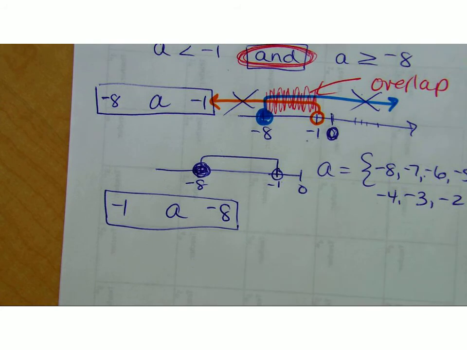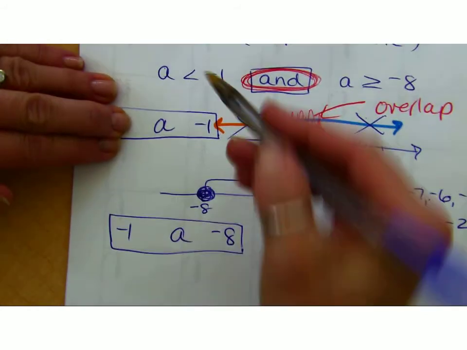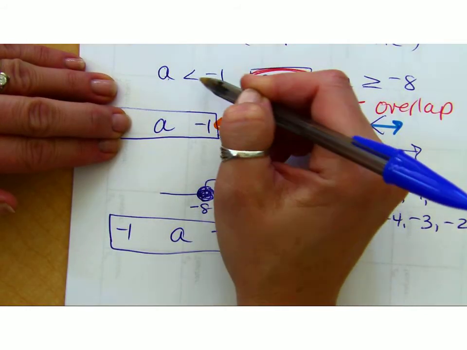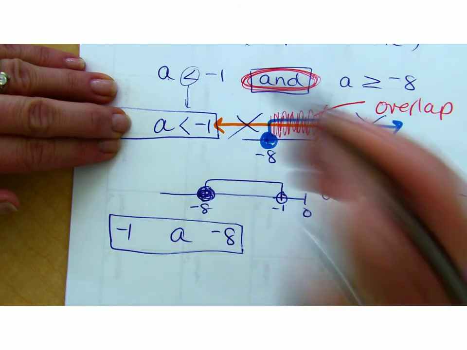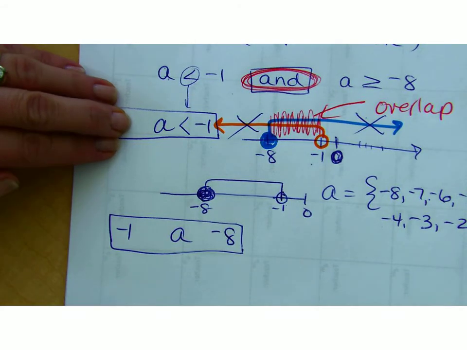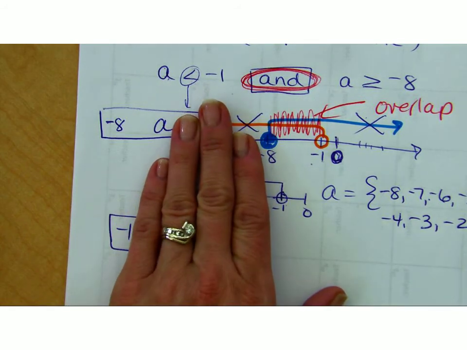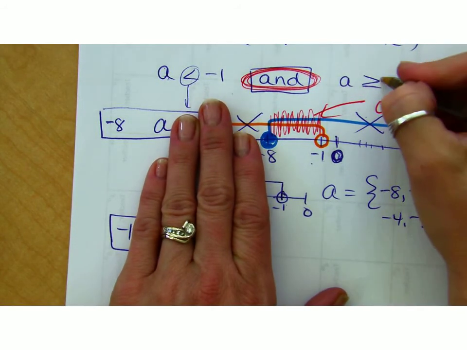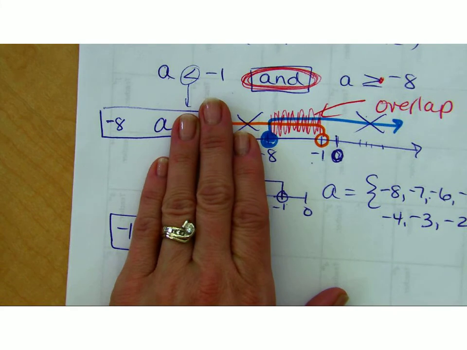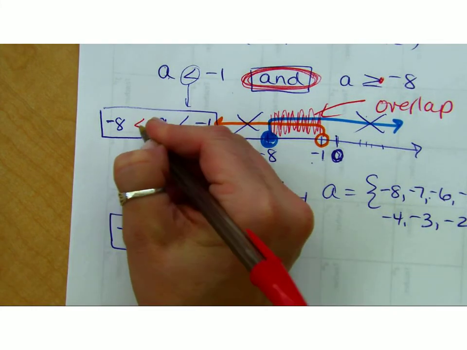Here's why. I'm going to cover the -8 up. When x is first, I'm just going to bring that symbol down. Here's the other thing. Now I'm going to cover up the -1, and in our original problem, where was the nose pointing to the -8? So it had still better be pointing that way.